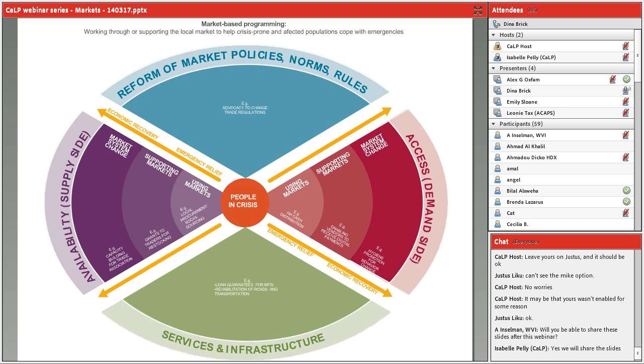And then again, if you can recall your EMMA map, the bottom piece is around market services and infrastructure that supports market systems. So here, this would be the outcome for any of these kinds of projects: that market services and infrastructure are restored or strengthened or developed to support critical market systems.